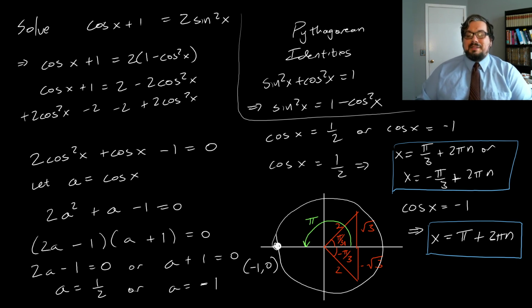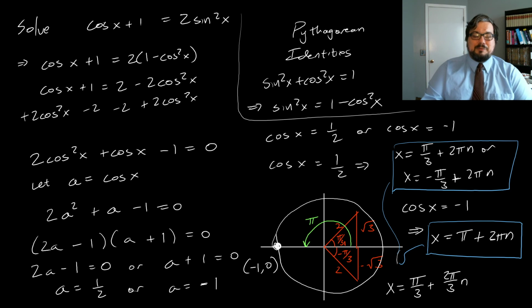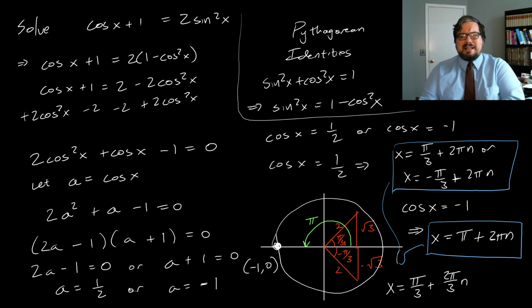This is another one that could be simplified down quite a lot. In fact, if we combine all these things together, we see that we could write all of it as x equals pi over 3 plus 2 pi over 3 n, but that's not real easy to see.